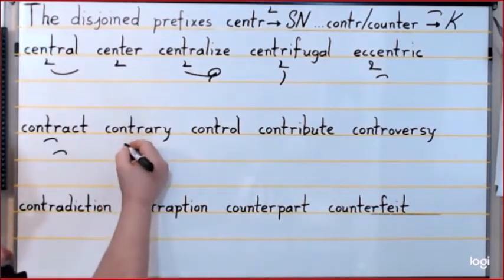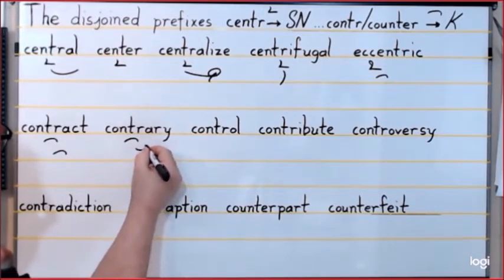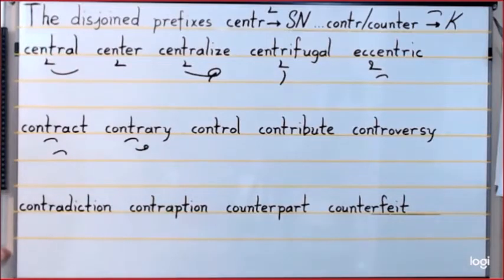Contrary is a K, and then an R and an E at the end.